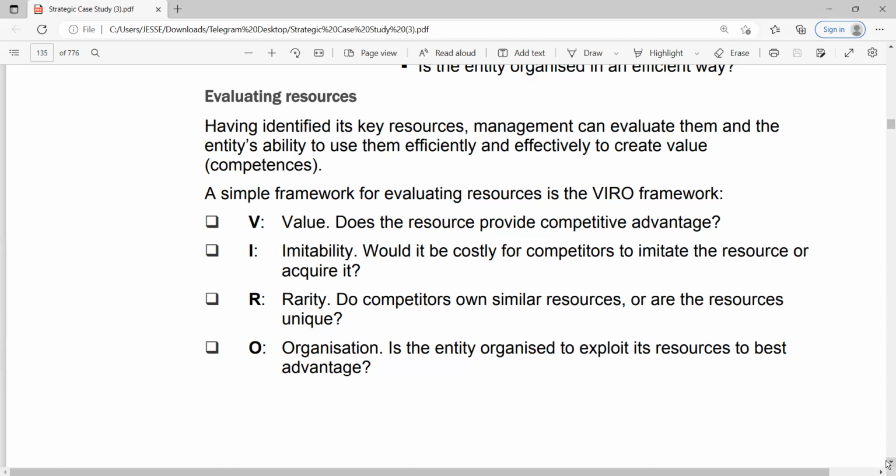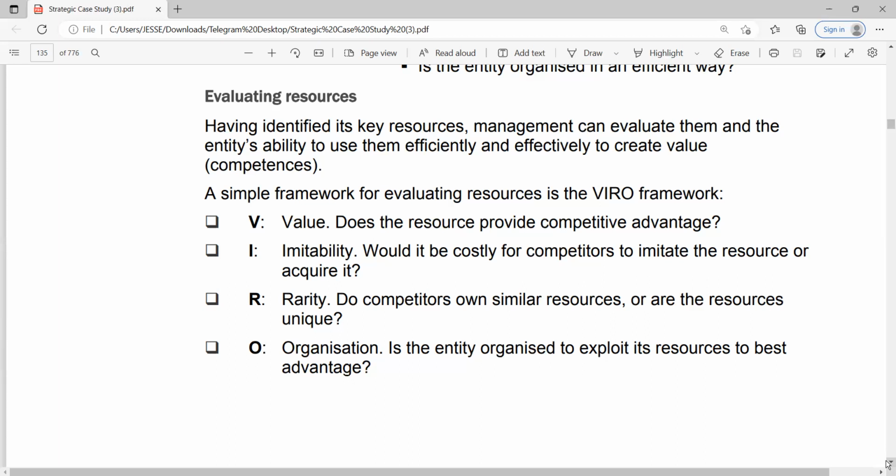Let's explain what value means. Because we are evaluating resources here, we would ask the question, does the resource provide value? Does it provide value which leads to competitive advantage? That's number one. Then we move on to imitability.